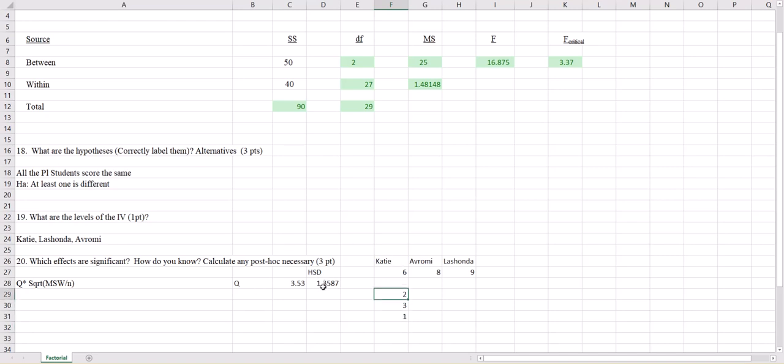We take this HSD and compare it to these values right here. By doing that, we see that these two absolute values are higher. So therefore, these are significantly different. So the Katie from the Avrami, A minus K, L minus K, and L minus A.